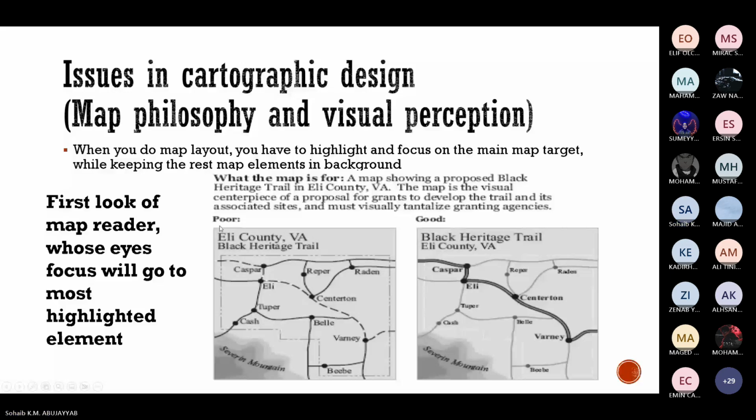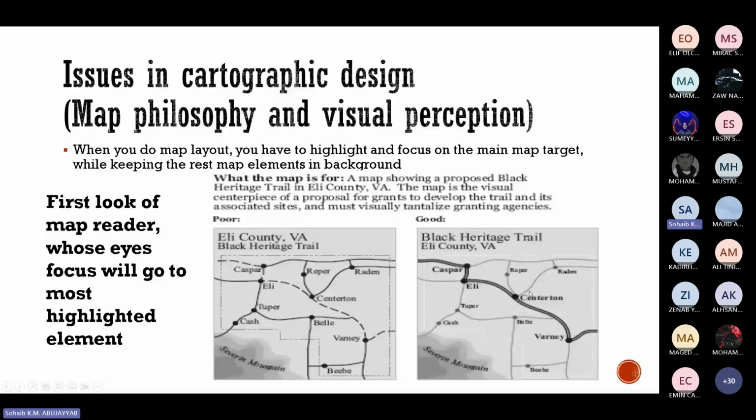Why? If you take a look at the title, they are highlighting the title by making the main title or the topic larger. So the name of the area is not that important compared with the topic of the map. I guess the topic of this map is showing the trail, this line.